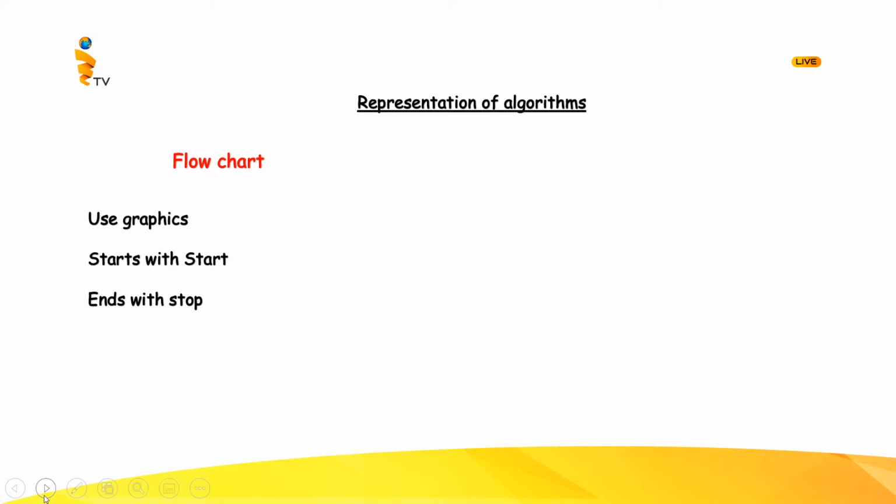That is one way. The next one is we can use pseudocode. Pseudocode means we can use text. We don't use symbols or graphics, we use text there. And if we use pseudocode, we start it with begin and we end it with end.